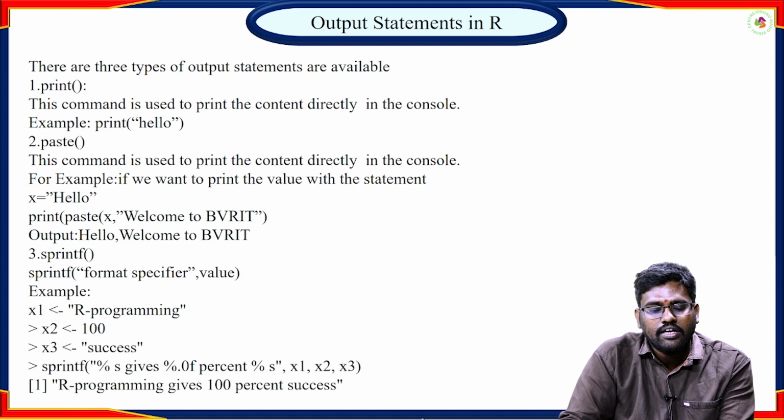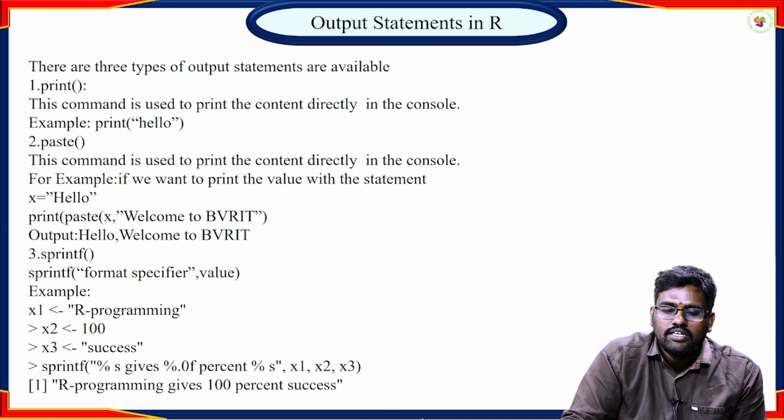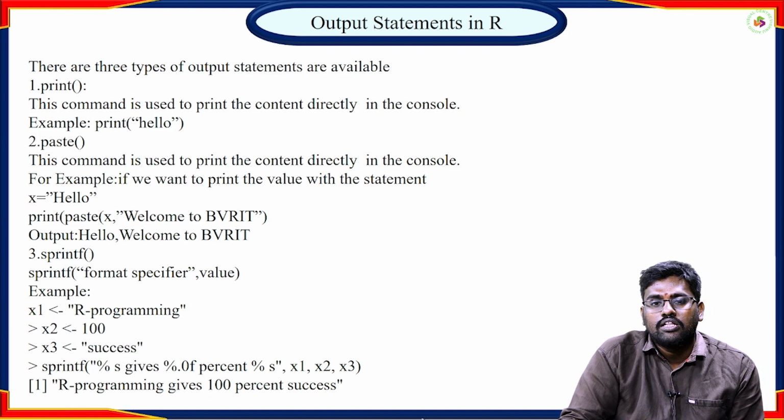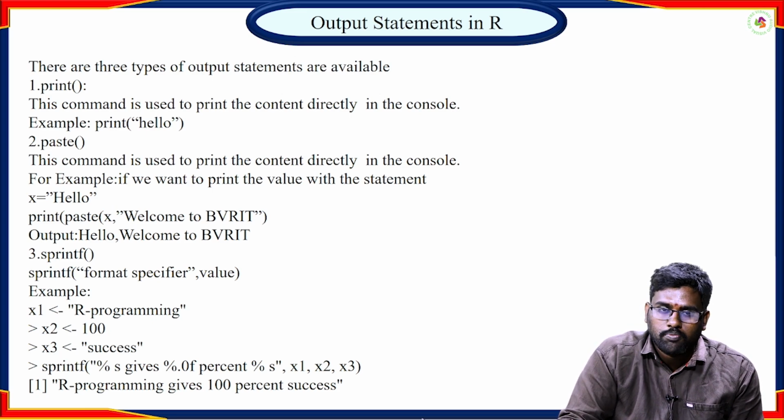So they print x1 value R programming, gives 100, and the percentage success. They print the values like this. This is about the output statements, the list of output statements available in R programming.